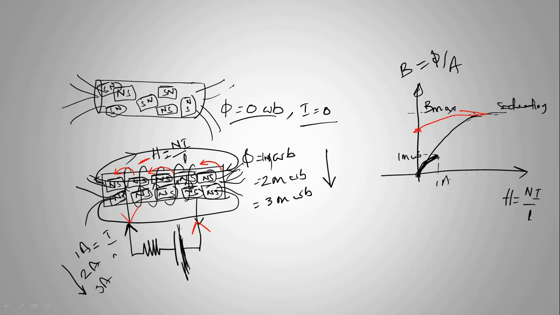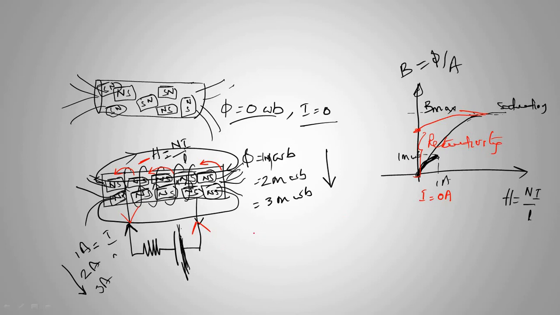But at some point here, there will be some flux that we will call the retentivity. There are some dipoles that will not come to a random direction even though there is no magnetizing force.